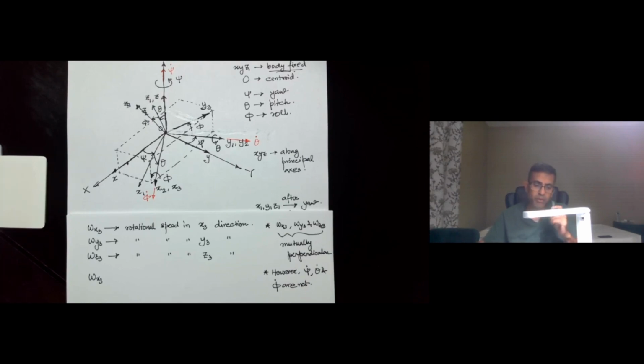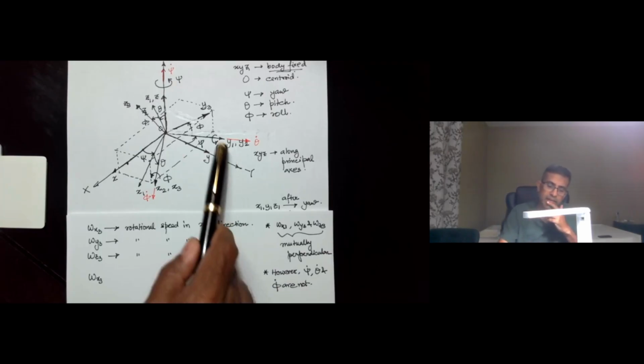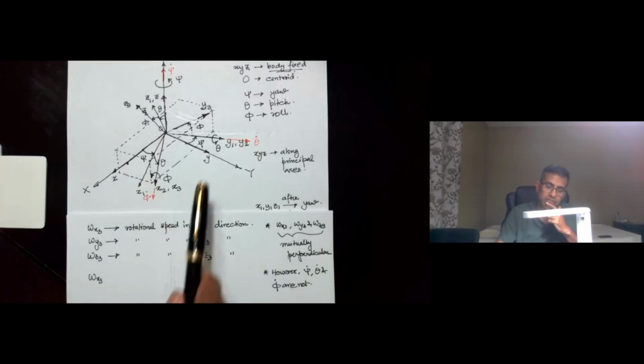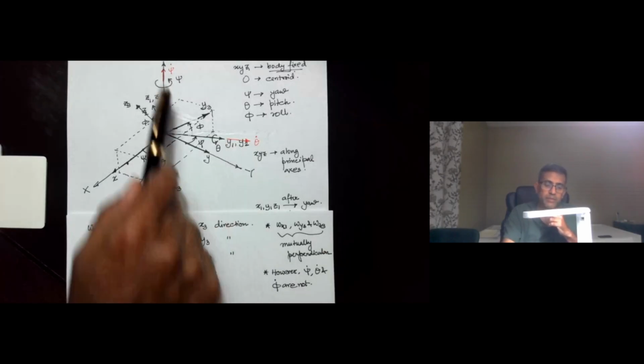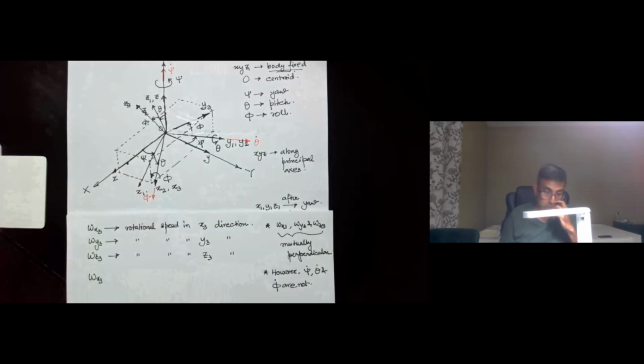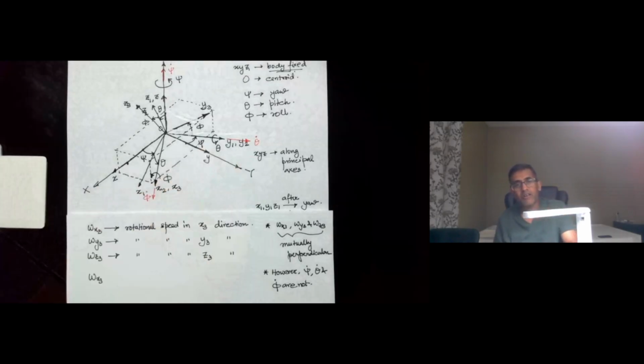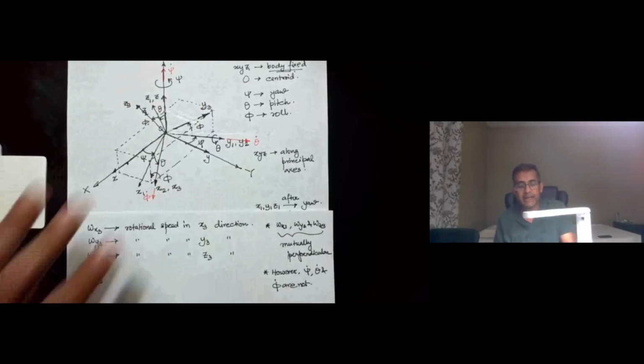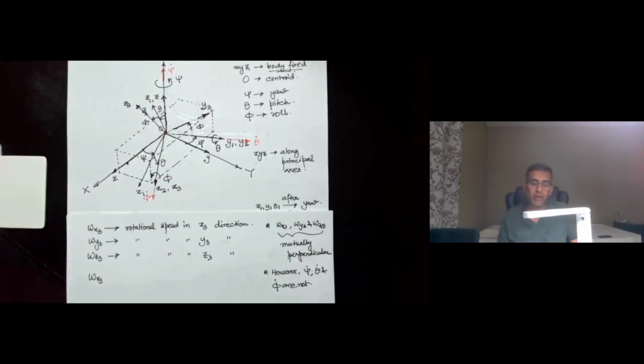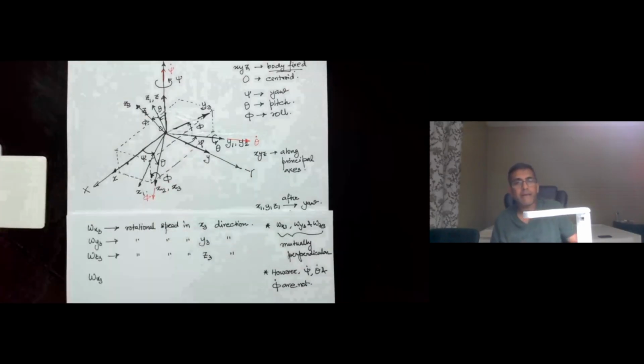Furthermore, one very important observation that we can make is that the direction of theta dot is always going to be perpendicular to psi dot. Why? Because the direction of theta dot is always on the capital XY plane, the inertial XY plane, because y1, y2 are along the XY plane.